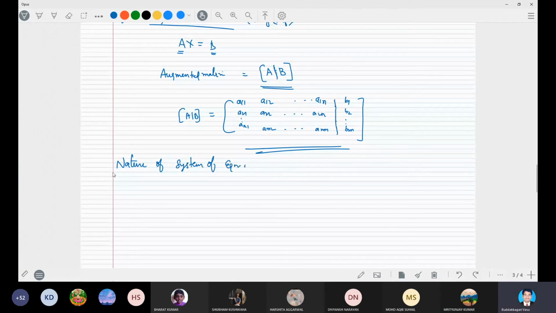Simultaneous equations. Okay, here number 1, for non-homogeneous systems.